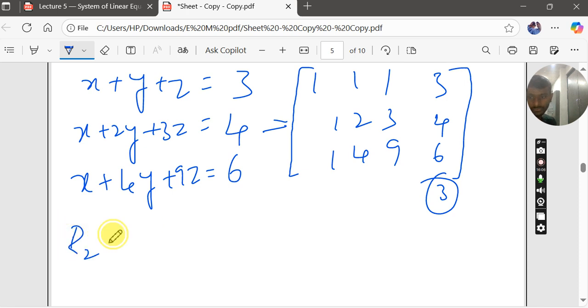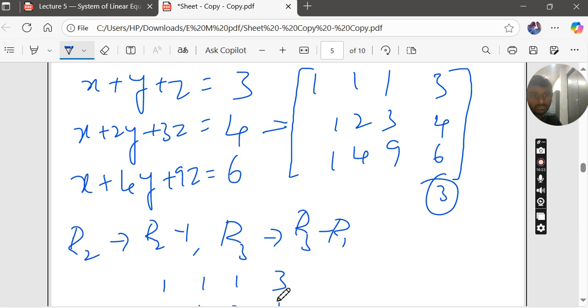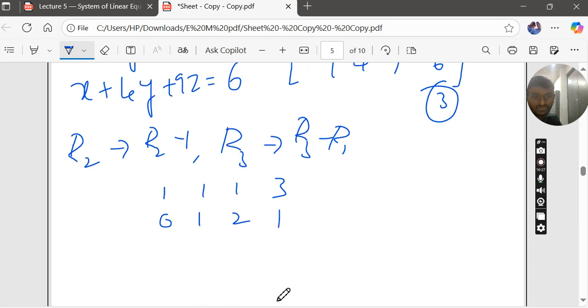R2 implies R2 minus R1 and R3 implies R3 minus R1. So when you do that, R1 will be the same, and here you will get 0 and you will get 1 2 1, then 0 3 8, and 6 will be 6 minus 3, 3.